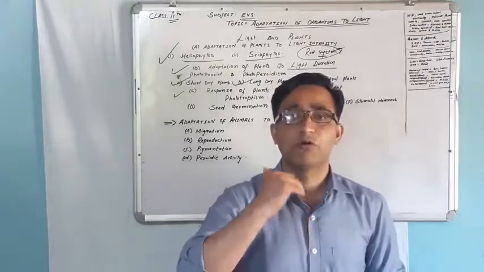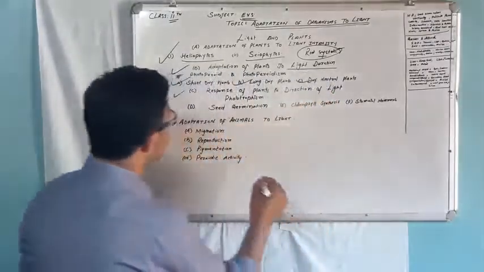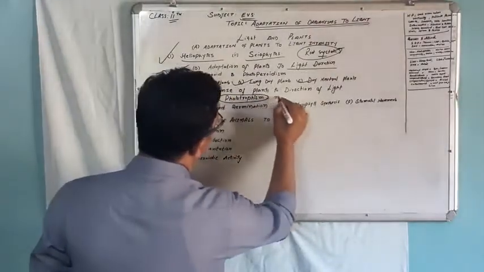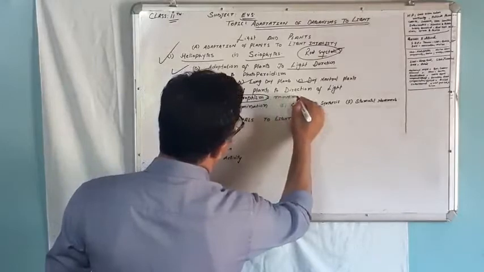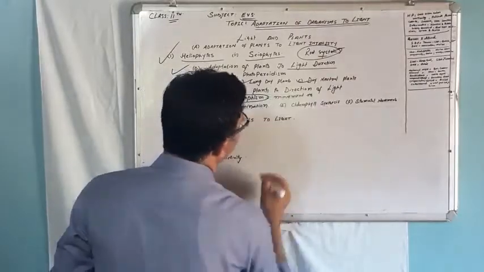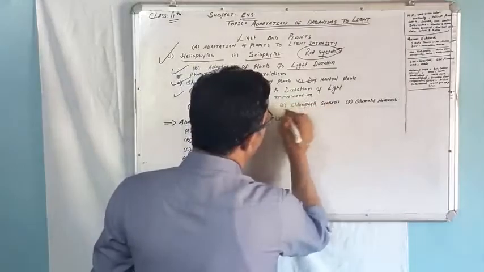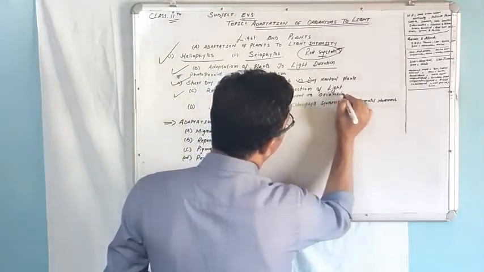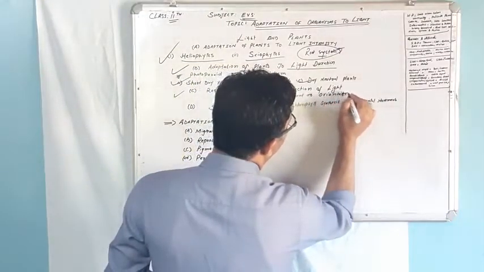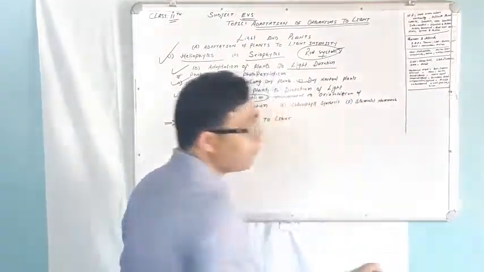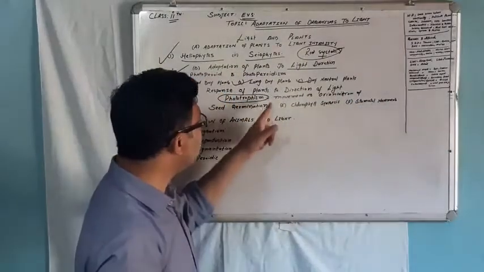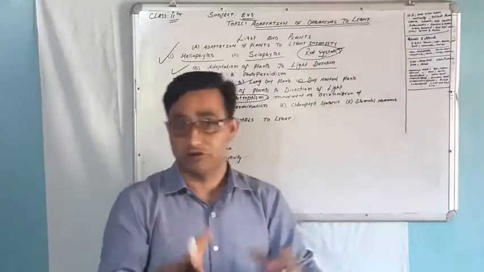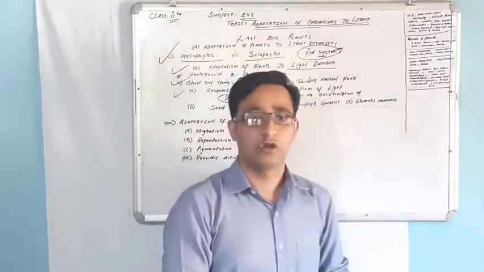It is called phototropism. So phototropism is basically the movement or orientation of different parts towards the light. यानी कि directional movement or orientation of different parts of the plant towards the light is called phototropism.